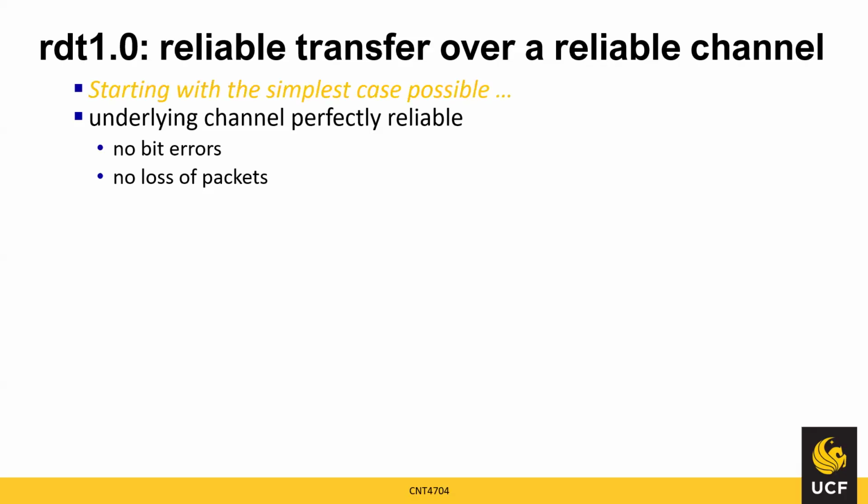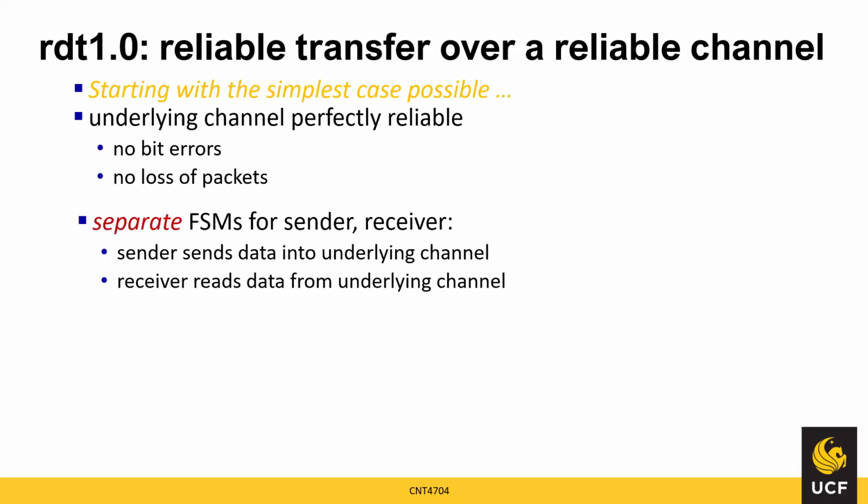So we don't have to worry about corruption and loss if we have a reliable channel. We are under the assumption that we have a reliable channel for transferring. So RDT 1.1 is just showing the mechanics of sending and receiving when nothing can go wrong.